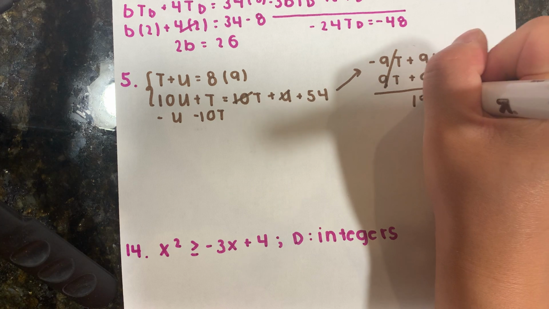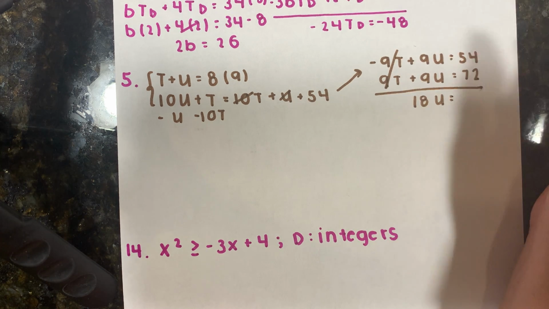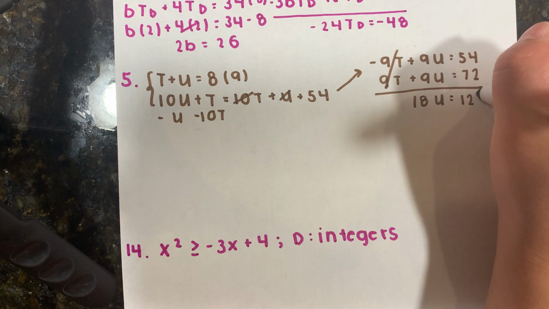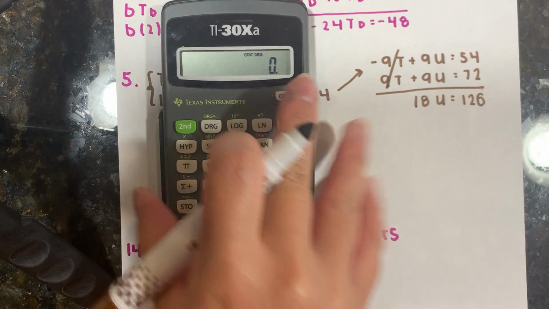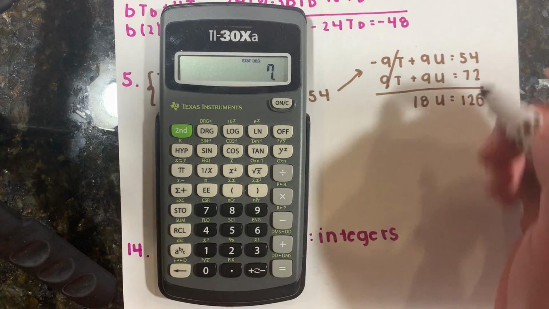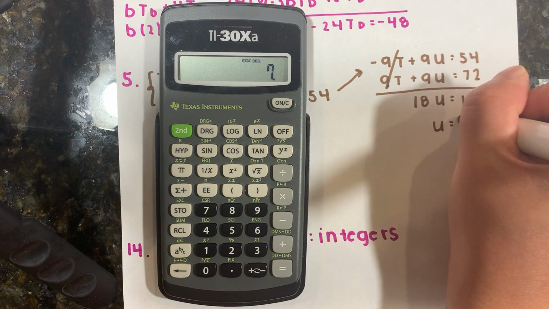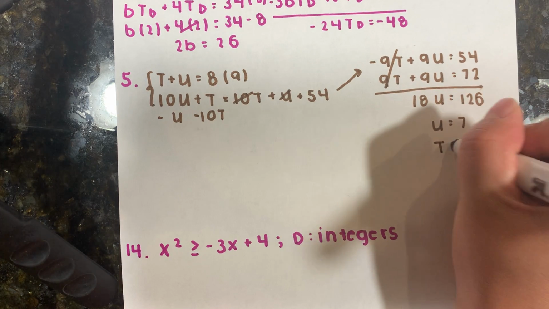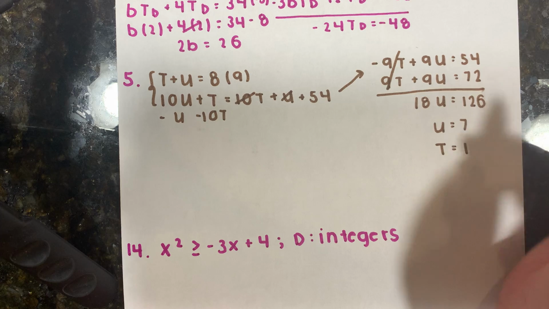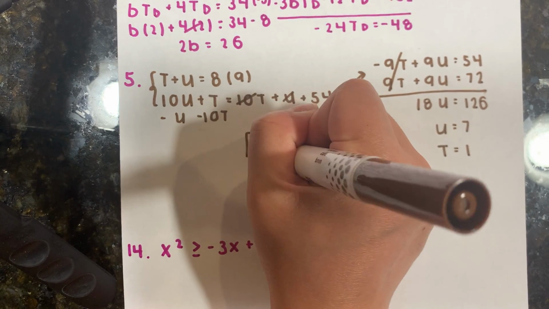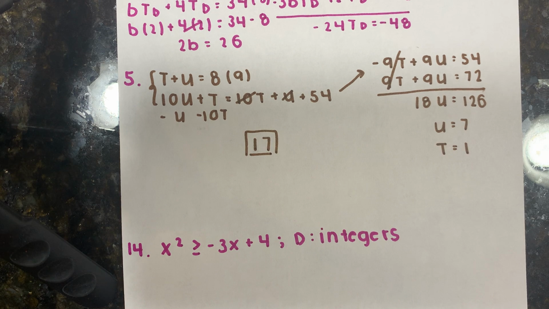I'd have 18u is equal to 126. And 126 divided by 18 is 7. So if u is 7, and it has to add up to 8, that means t is equal to 1. So if your tens digit is 1 and your units digit is 7, your answer would be 17.